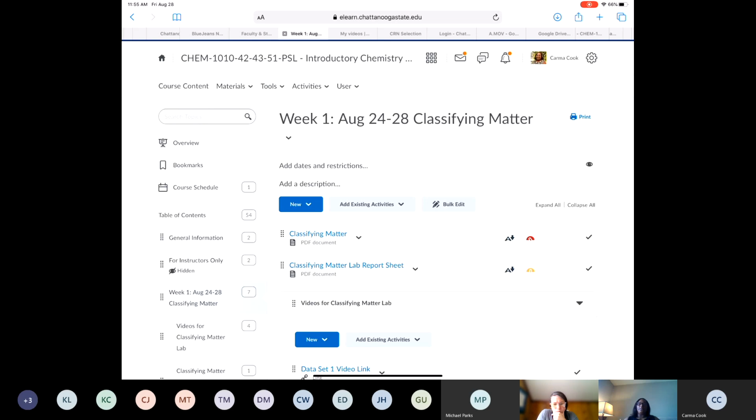Then what you need to do is go onto your laptop and download each of those picture files, copy them, and paste them into a Word document. And make sure you copy and paste them in order, like data set 1, then data set 2, and do 1 picture per page.